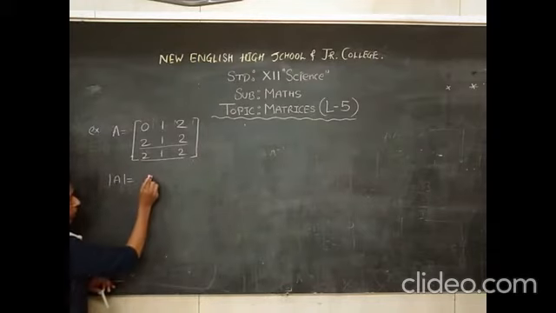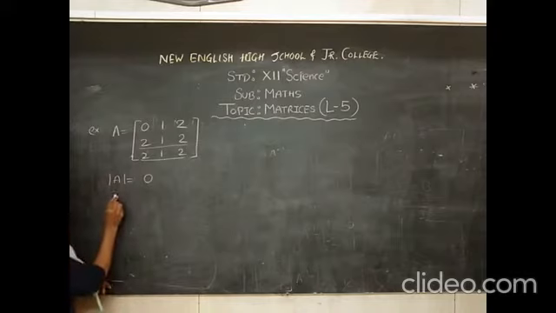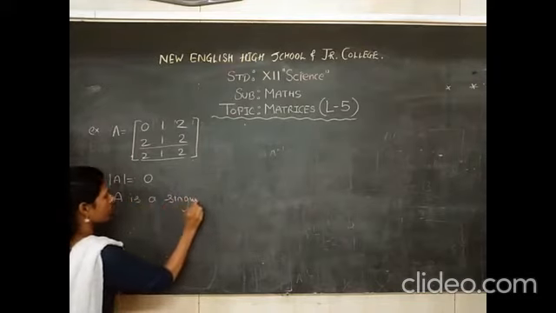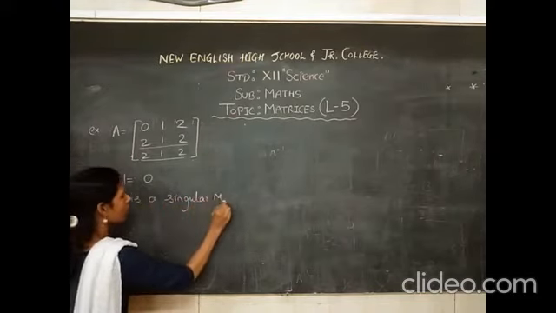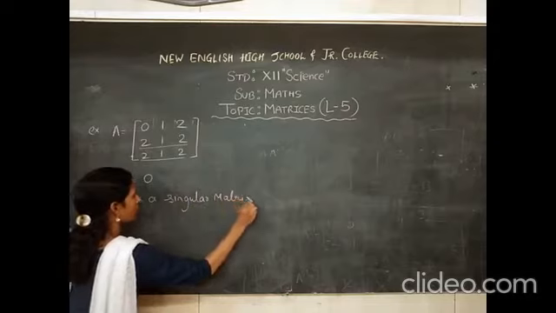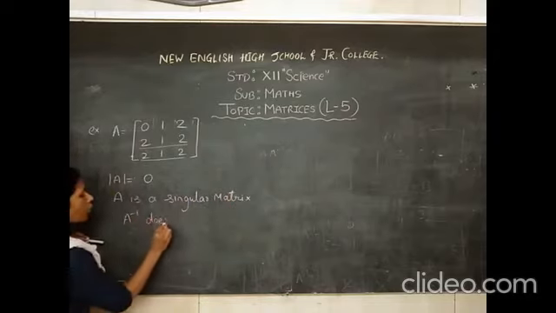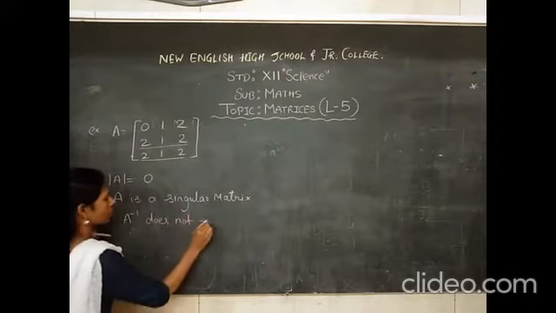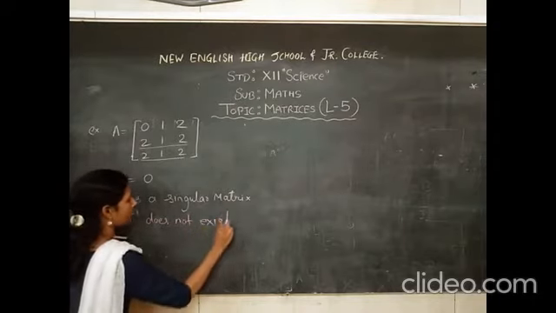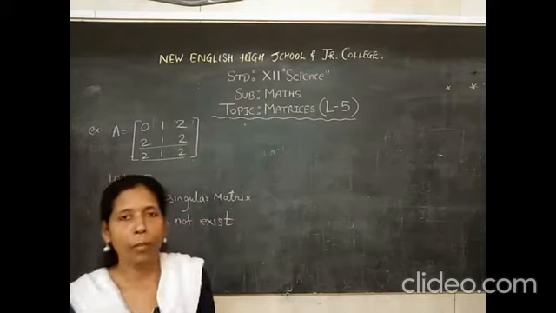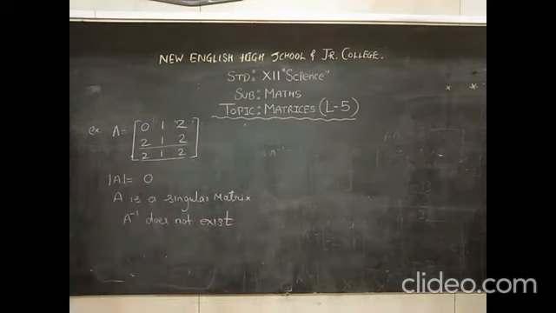You know that property. I will write determinant of A is 0. That means I will write A is a singular matrix. That means I can say A inverse does not exist. Is it clear? This is example of a matrix where inverse does not exist.